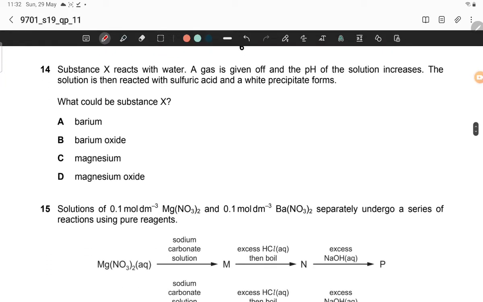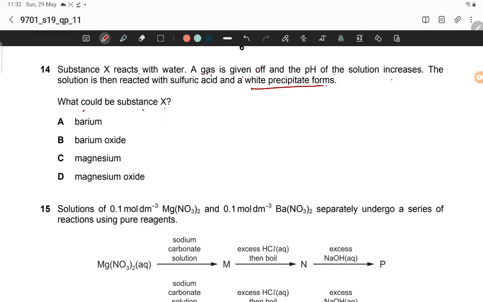A substance X reacts with water. A gas is given off and the pH of the solution increases. The solution is then reacted with sulfuric acid and a white precipitate forms. What could be the substance X?